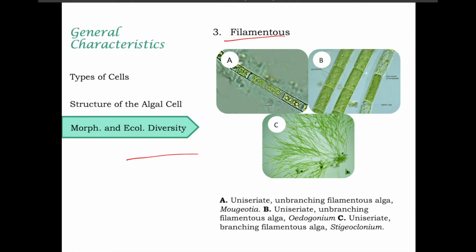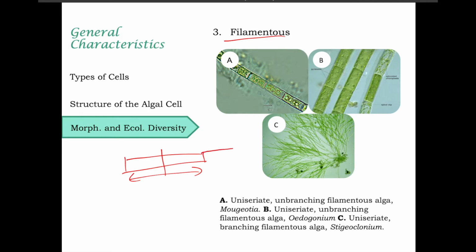Perpendicular in reference to the long axis of the cell. So the division is usually perpendicular to the long axis of the cell. So if this is the long axis of the cell, the division would be perpendicular to that. And at the end of the cellular division, the daughter cells are attached together in a single chain.